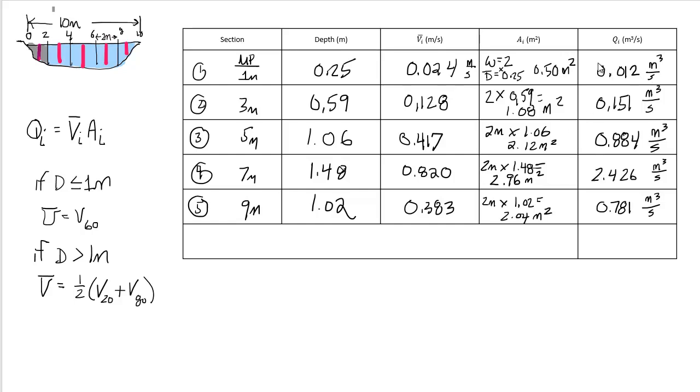All we need to do now is simply add up all of the contributions here and find the sum of each of these contributions to get the total stream discharge. So this is the total discharge of the stream in cubic meters per second, and I'm just going to do it to two significant figures here, 4.3, again, cubic meters per second. So that's how you go about calculating stream discharge using the Q equals VA formula.